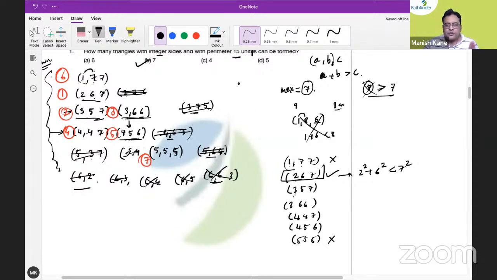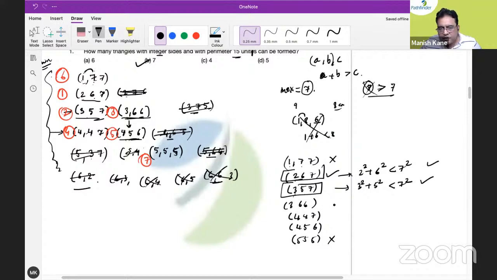So this is surely an obtuse angle triangle. Look, in an obtuse angle triangle, the sum of the squares of the two smaller sides will be less than the square of the larger side. What about this? 3 square plus 5 square again is less than 7 square. So this is also an obtuse angle triangle.